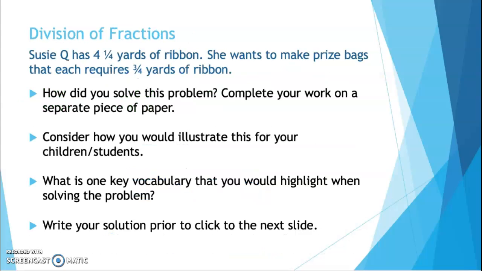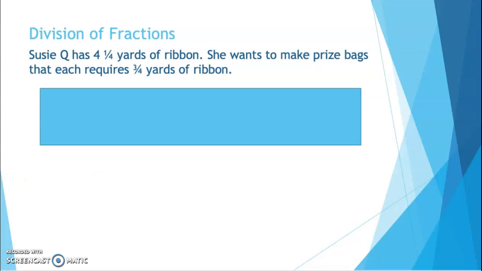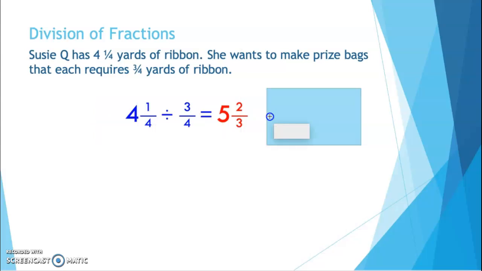Try the Susie Q question on your own. Okay, hit pause here, work through these things. Welcome back. So let's take a look. Here's the correct answer for Susie. Susie Q has 4 1/4 yards of ribbon.